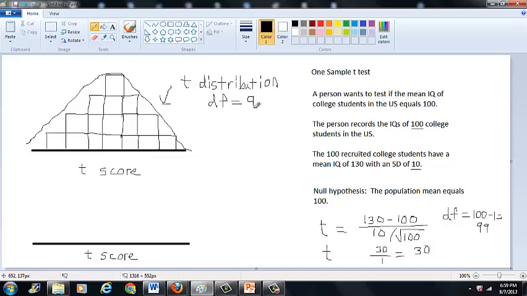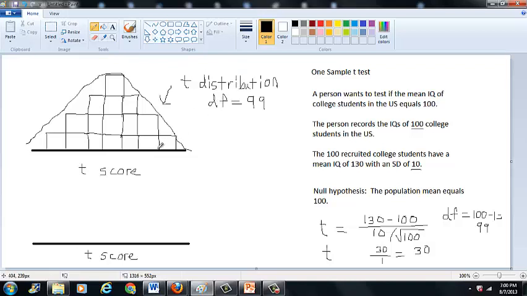A t-distribution actually isn't just one shape. It's a category of shapes. When the degrees of freedom are higher, the t-distribution curve will be more bell-shaped. And when the degrees of freedom are low, the t-distribution is flatter and thicker in the tails than a bell curve, even though it's still symmetric.